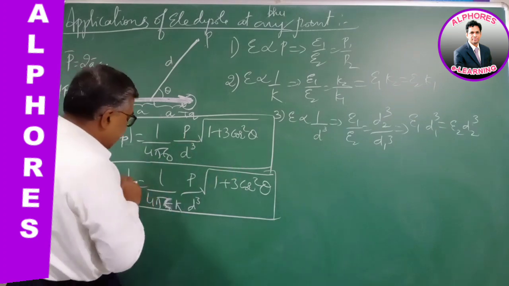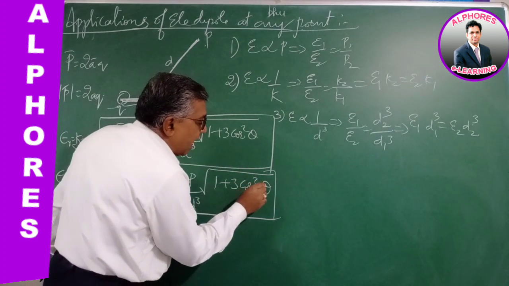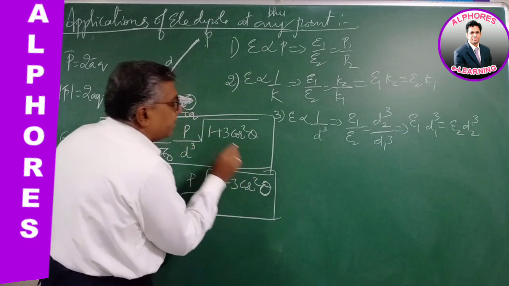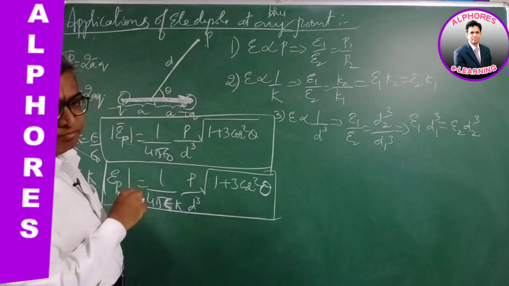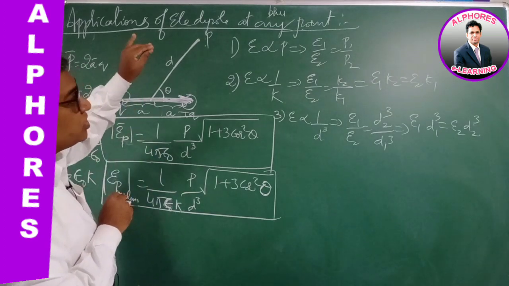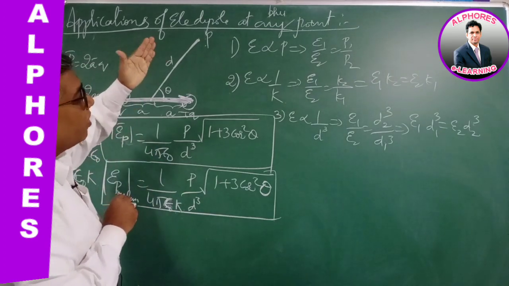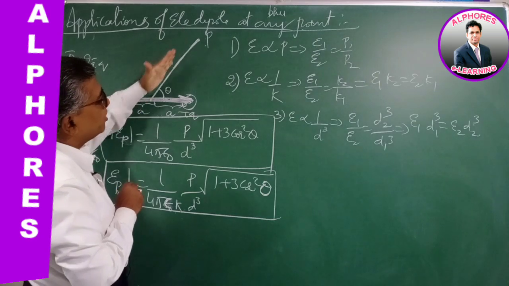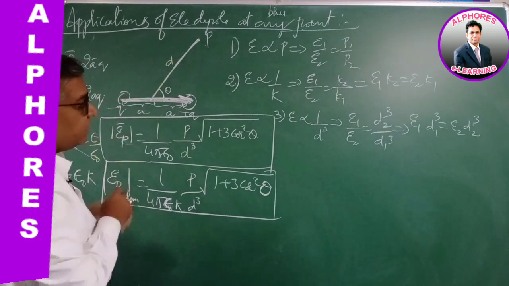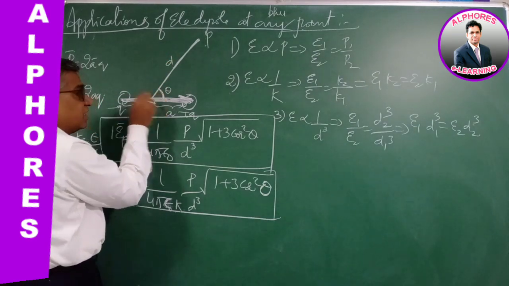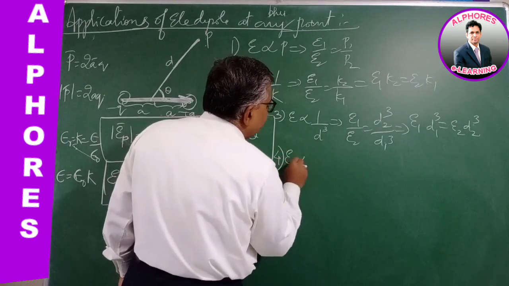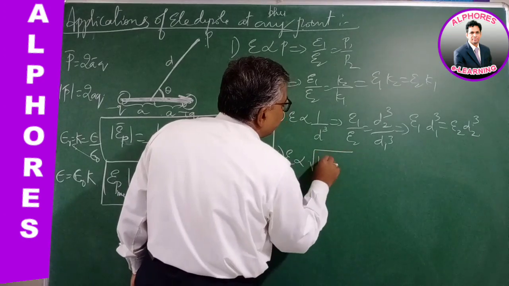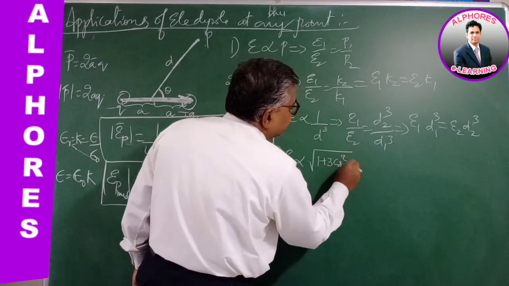Now, it also depends on the angle theta made by the radius vector with the axial line. It also depends on the position of the point P. What angle does the radius vector make with the axial line? Theta, it also depends on theta. So the factor varying with theta is E directly proportional to under root of 1 plus 3 cos square theta.